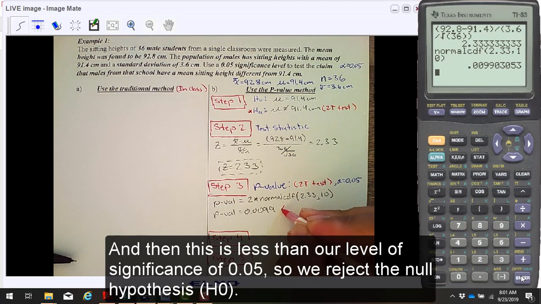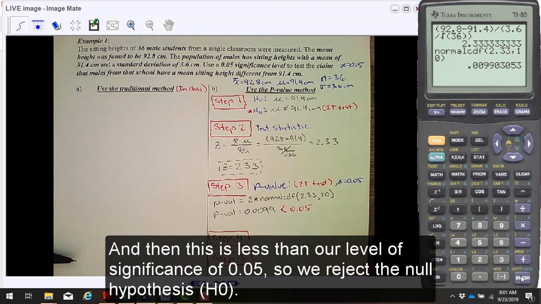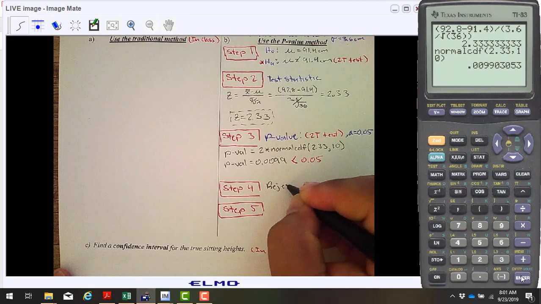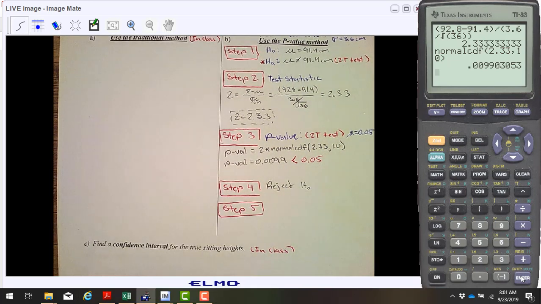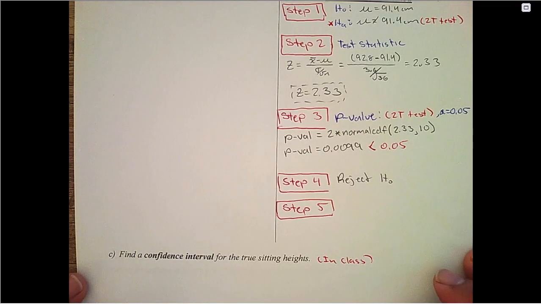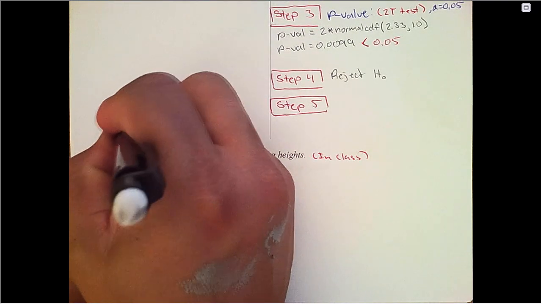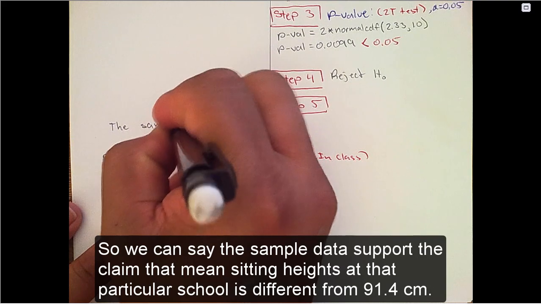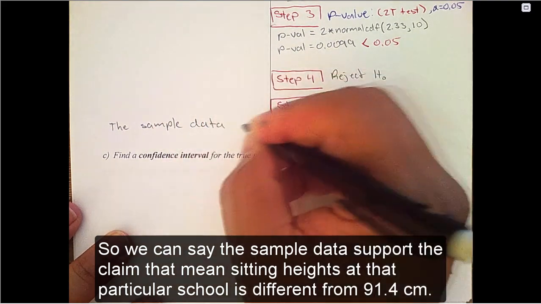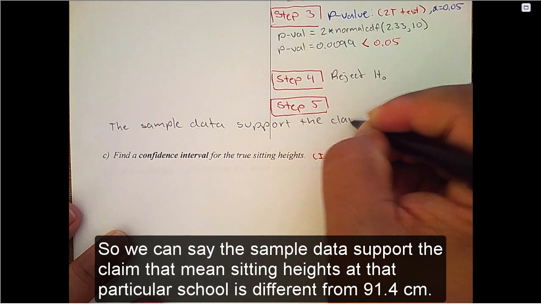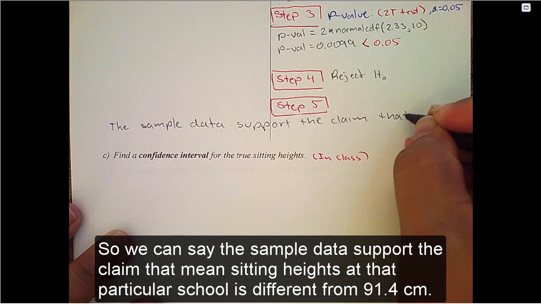And this is less than our level of significance 0.05, so we reject the null hypothesis H0. So we can say the sample data support the claim that the mean sitting height at that particular school is different from 91.4 centimeters.